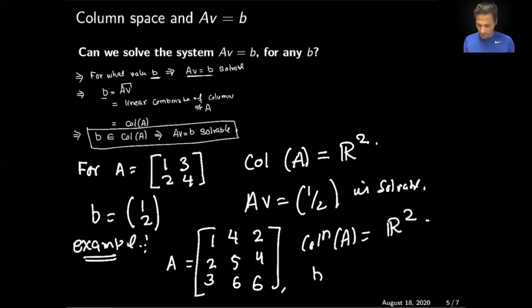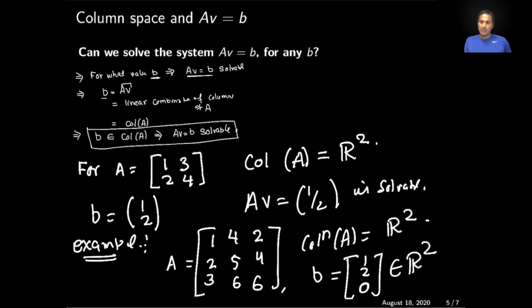So if I want to solve this system, my b has to be something like (1, 2, 0). So the z component of my b has to be 0 in order to solve this system Av equals b. The b must be in the column space if you want to solve this linear system.